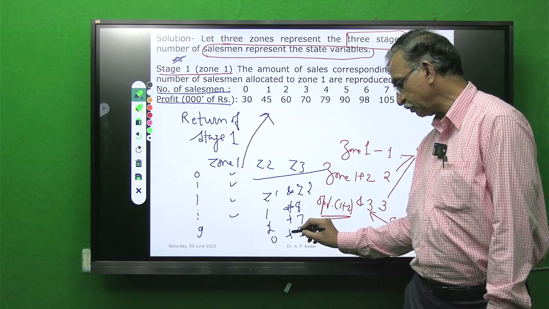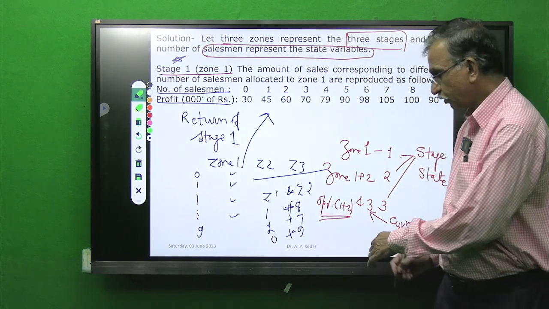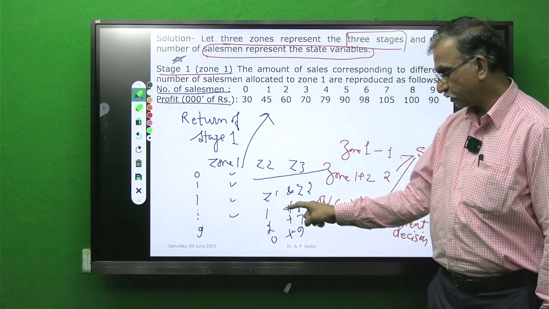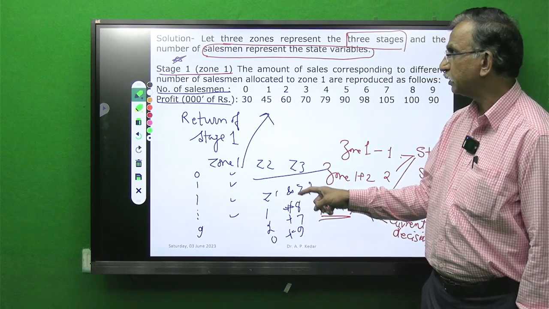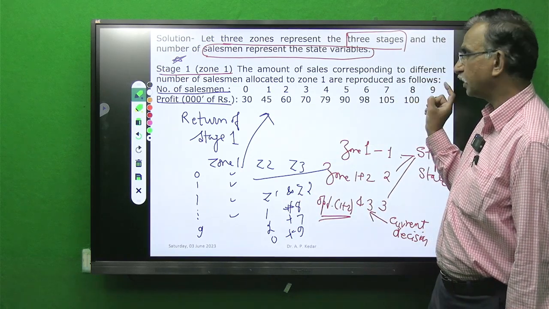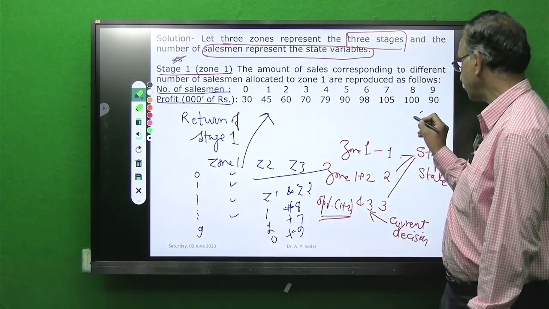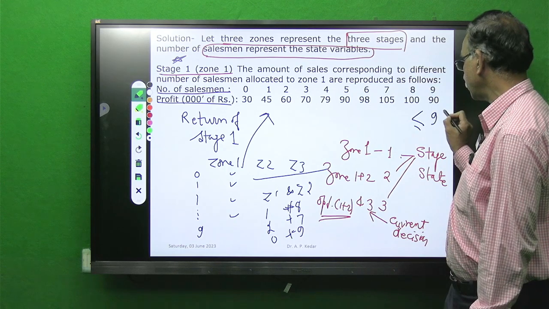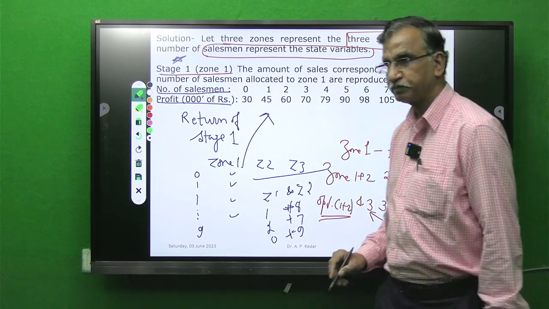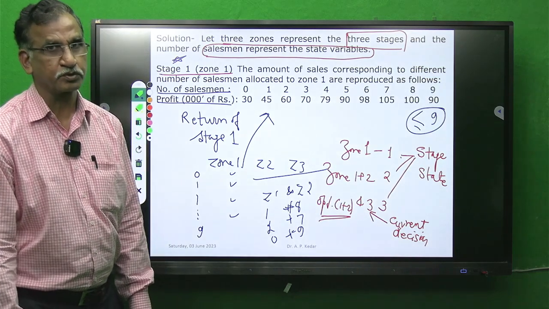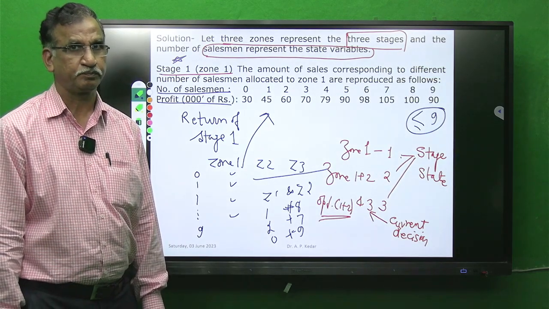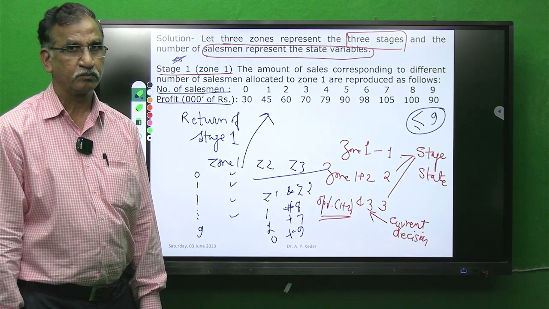This is just an example I am giving. So here you can see that whatever combination I give, it satisfies the condition that the total number of salesmen is less than or equal to 9. So in that way we have to proceed. That is very important. Got it?